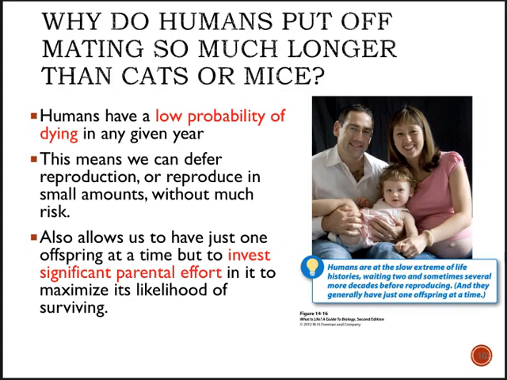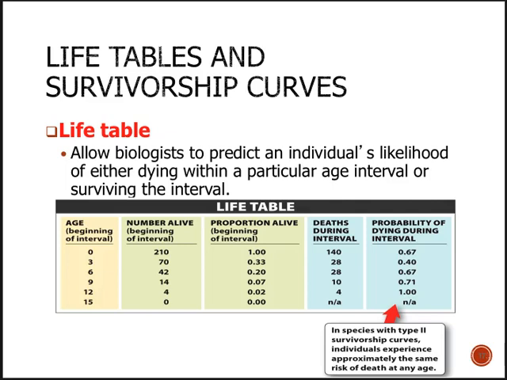We can measure the kind of thing I've just talked about, like the probability of surviving into the next generation in our human life history, by looking at something called life tables and survivorship curves. We can do this for any species, and population ecologists do look at these kinds of tables for lots of different species. If you look at this life table here, you can see that it's not for a human.